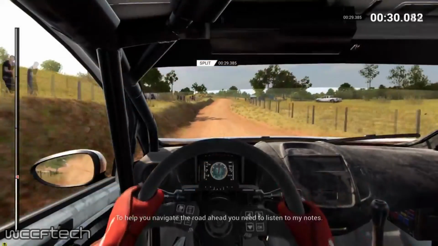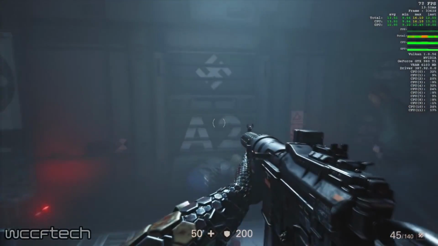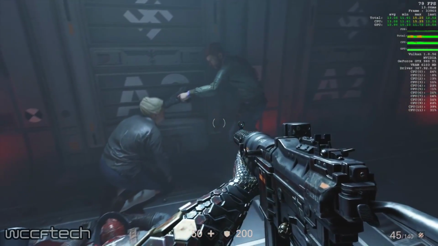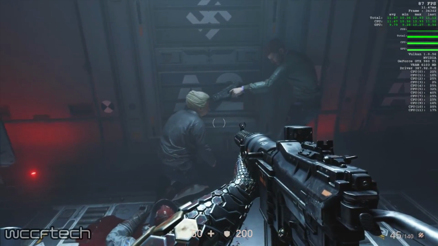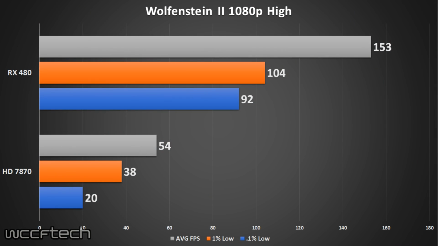Now moving into Wolfenstein 2, we definitely wanted to test this game because of all of the advanced features that it supports on the AMD cards and takes advantage of the newer ones, and we really couldn't test Doom on Vulkan with the 7870 because it requires more than the 2 gigabytes of VRAM that the card has to allocate. So looking at this, we see nearly triple the performance on average FPS.